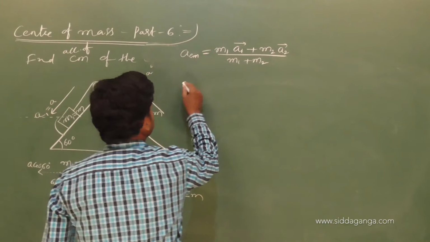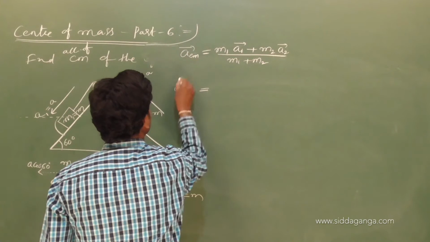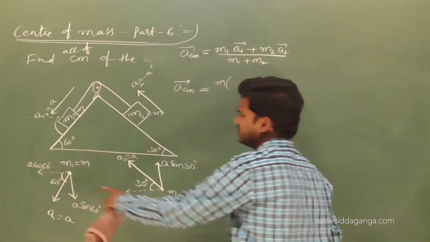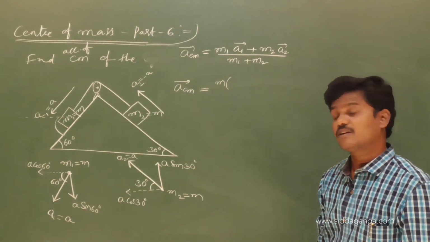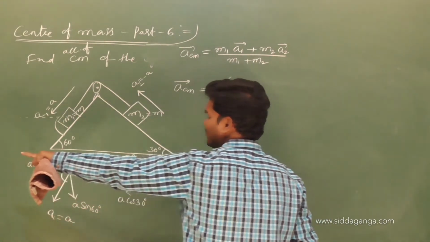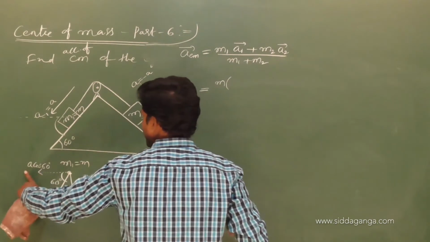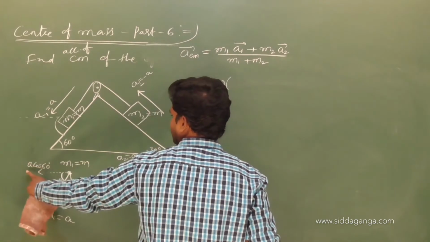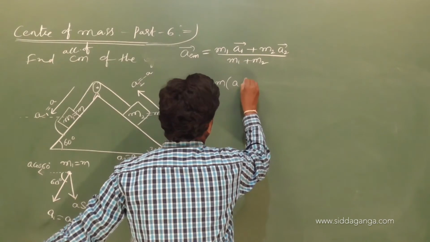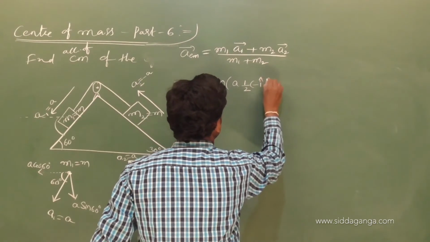So let me write here a_cm, acceleration of center of mass. m1 is anyhow m. How to get a1? Write a1 bar into two components in vector form. One is left, nothing but minus i cap. One is down, nothing but minus j cap. A cos 60 minus i cap, that is 1 by 2 minus i cap.